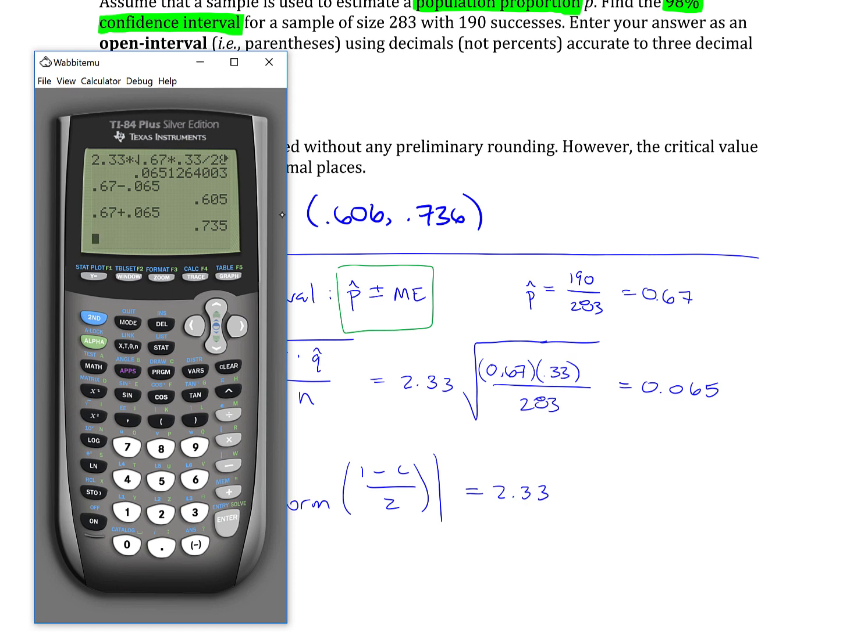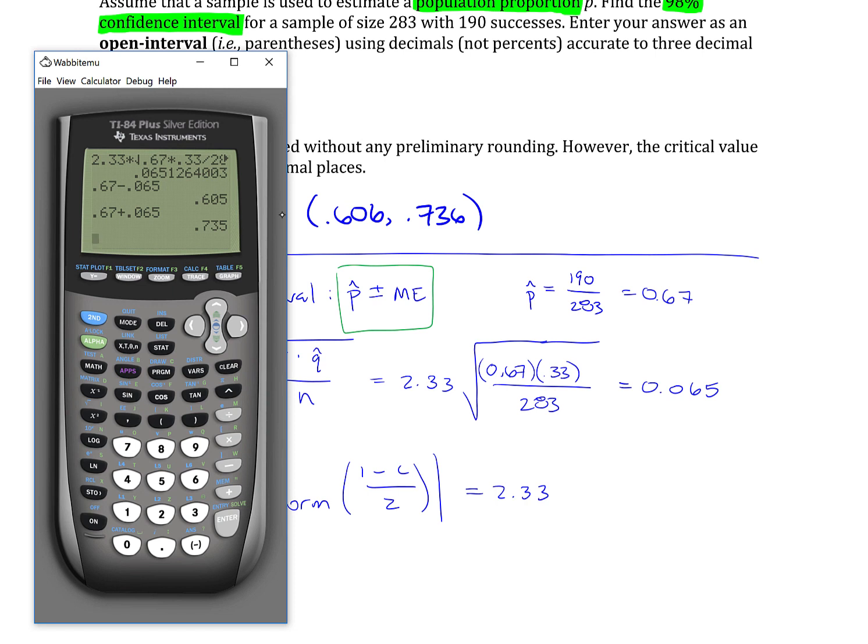That's what is said here by not doing this with any preliminary rounding. Well, you can't really do it without any preliminary rounding unless you change the formulas around accordingly. So you have to choose some level of rounding. So if you're doing it with formulas, perhaps give 4 decimals for p hat, and maybe try and use your inverse norm value to 5 or 6 decimal places.